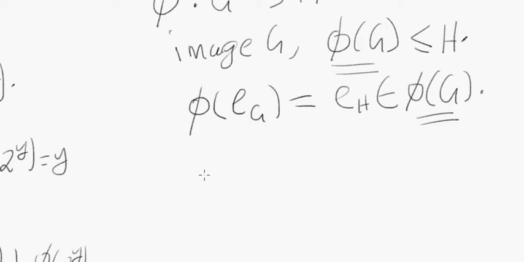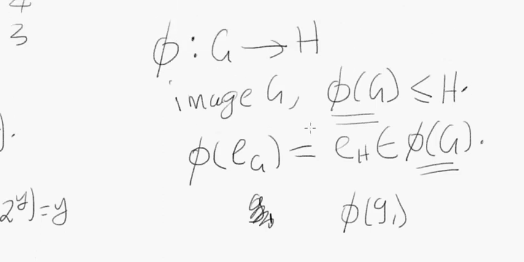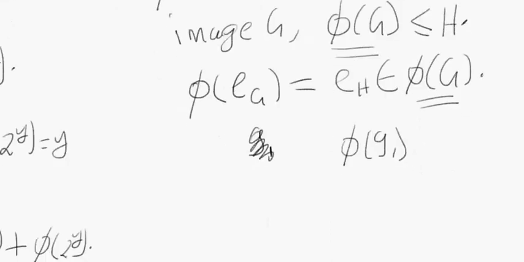Every element of phi of G is of the form phi of G1 for some G1 in G. That's what it means to be in the image of phi. So phi of G1 is an element of the image of phi, is in phi of G.